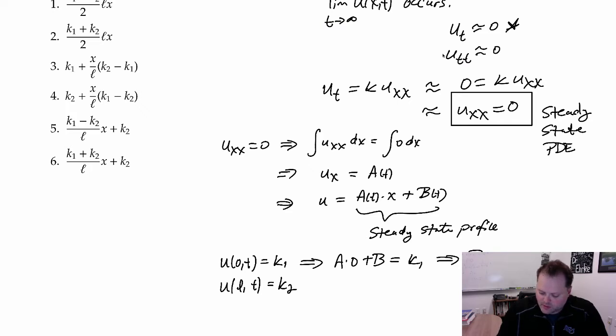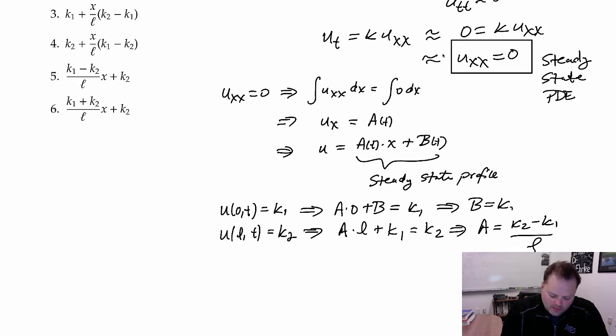So b is K1. And if I apply it at the right endpoint, where x is L, I get a times L plus K1, because b is K1, is equal to K2. So a is (K2 minus K1) divided by L.